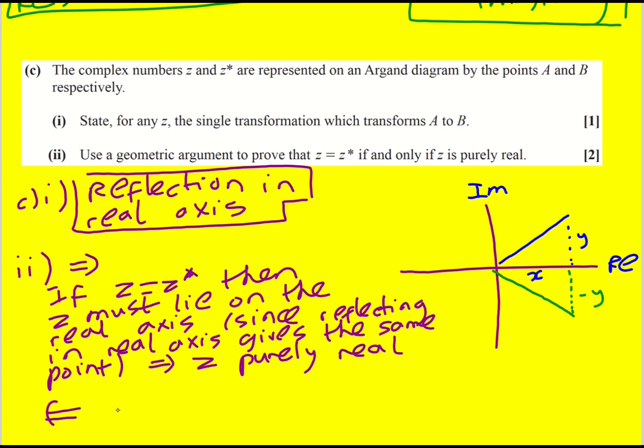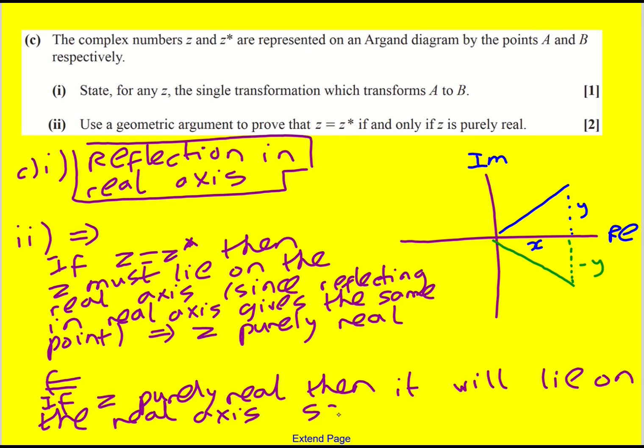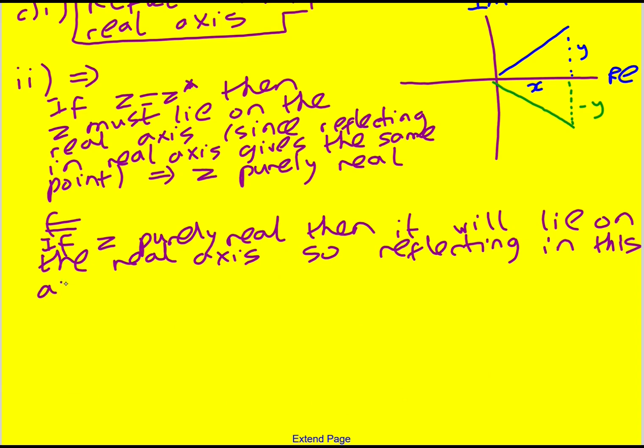Going the opposite way, if z is purely real, then it will lie on the real axis. So reflecting in this axis will give the same point.